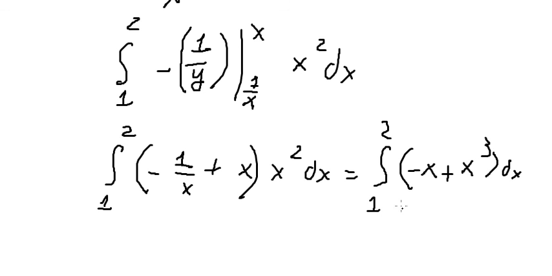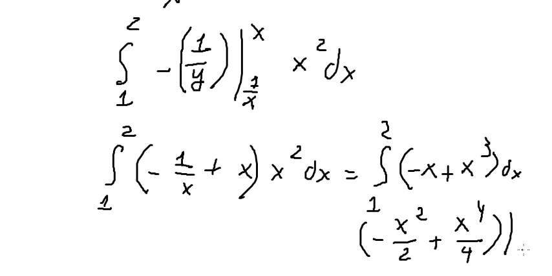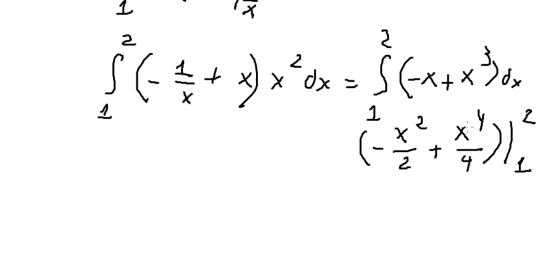The integration of this one, we get negative s squared over 2 and s to the power of 4 over 4. And we have the bounds from number 1 to number 2. Now we put number 2 and number 1 in here, and we get the final answer.